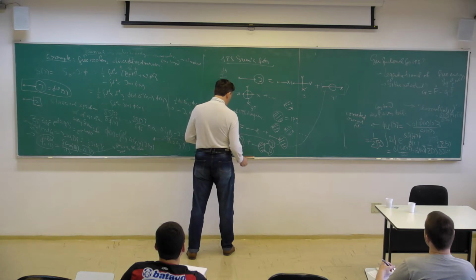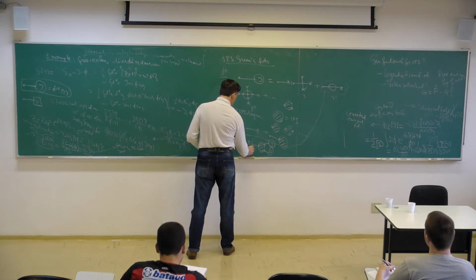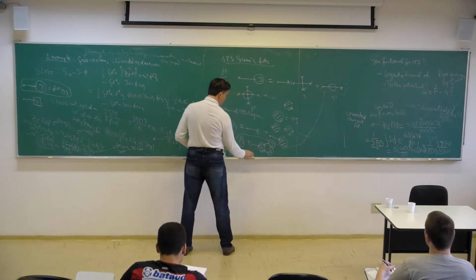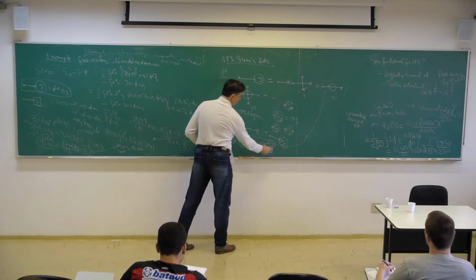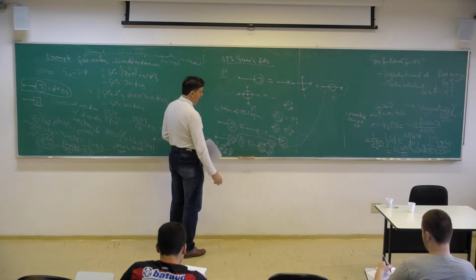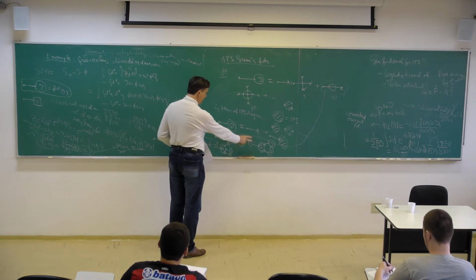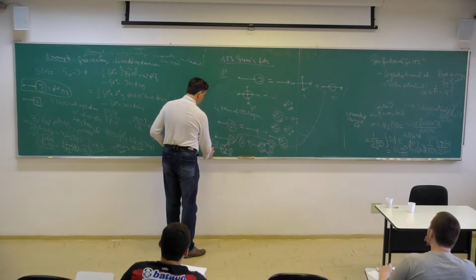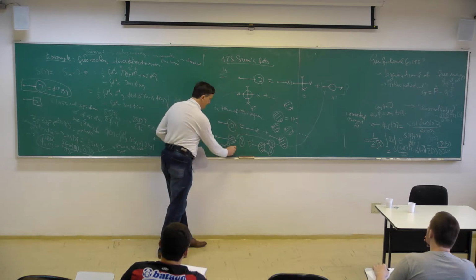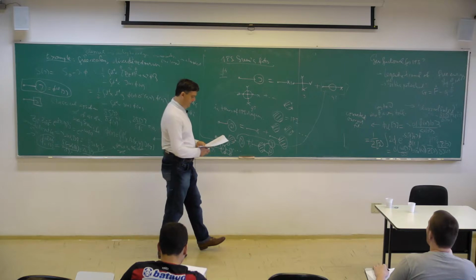There's one more trick. There's a permutation of these external lines. On the permutation, they give the same thing. So I have to divide by the number of permutations, 1 over 2 factorial here, 1 over 3 factorial here, and so on.